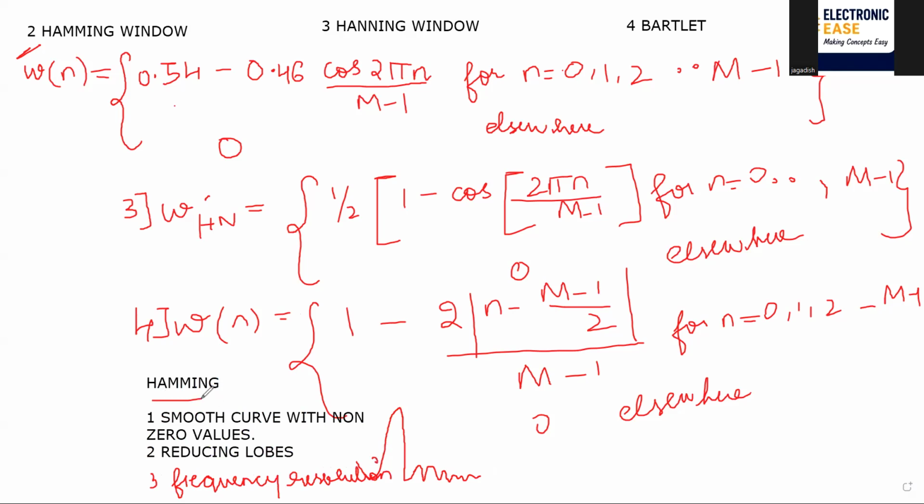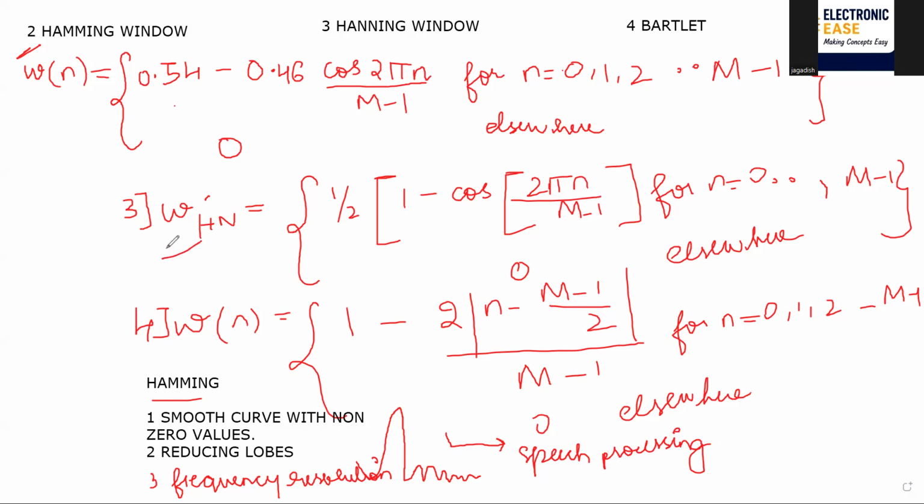Where are we using the Hamming window, students? We are using the Hamming window in speech processing and audio analysis. Next is the Hanning window. What is its characteristic?